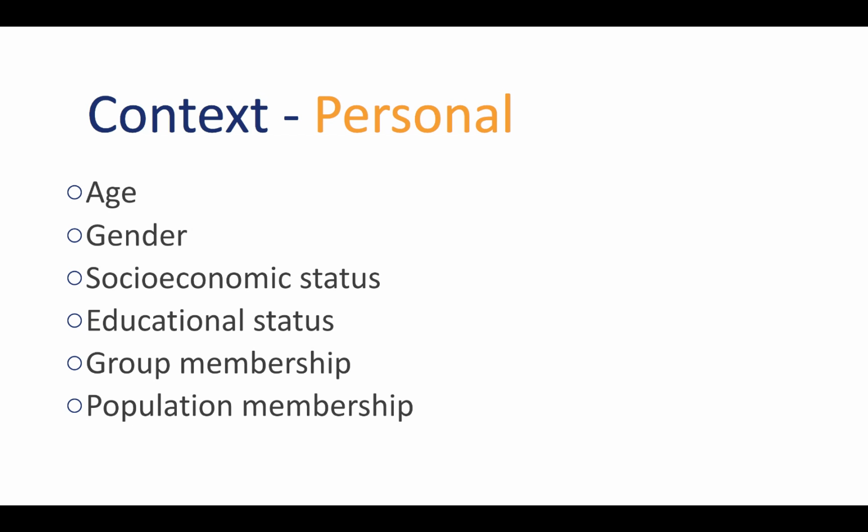I am a mother, and I live in a middle-class suburban neighborhood. I have a doctoral degree. I teach at Keuka College, and I am a group member of AOTA and a volunteer member of NBCOT. These are all examples of personal context, of my personal context. So please share with me a personal context example for you.